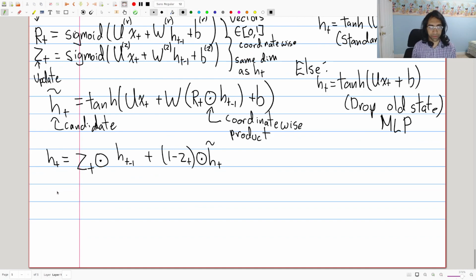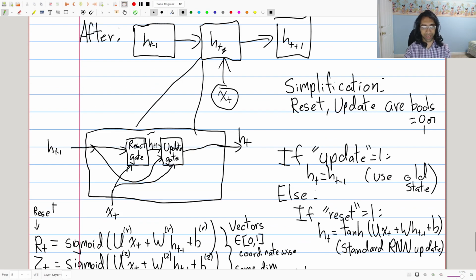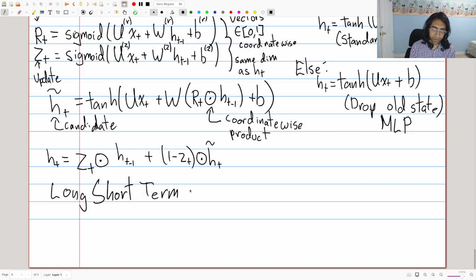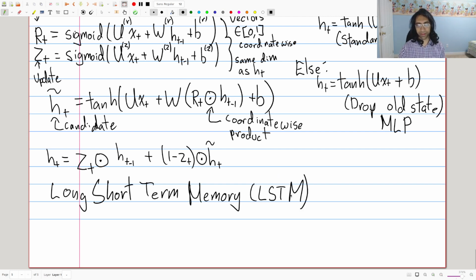This isn't the only type of cell or gated unit that appears. There's actually a much older one called the long short-term memory, often called just the LSTM. Surprisingly, this is a much older type of model.